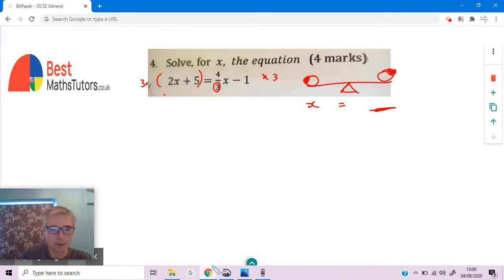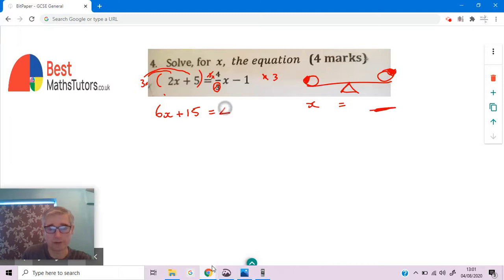So what I'm going to get then, I multiply the 3 into this bracket. I've got 3 times 2x, so that's going to give me 6x, and then I've got 3 times 5, that's going to give me 15. I'll say left-hand side of the equals. On this side, if I multiply 4/3 of x by 3, well, the 3's will cancel there.